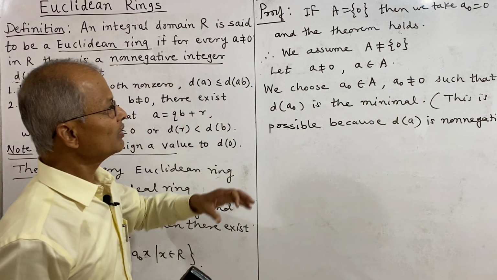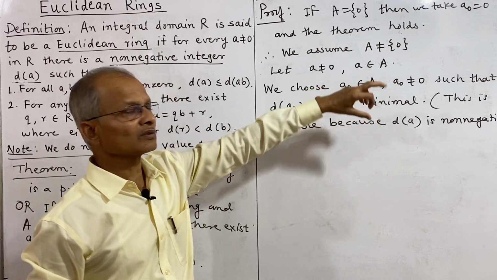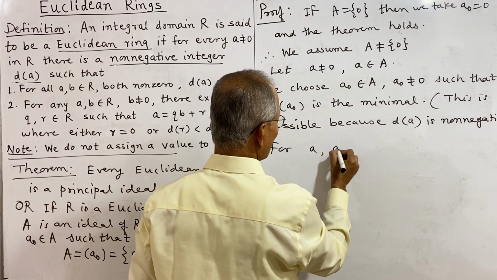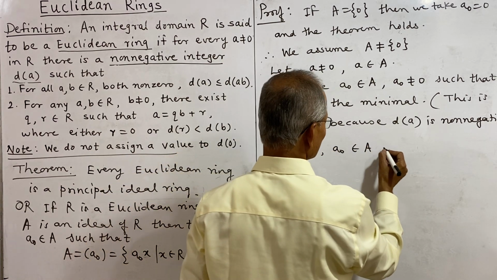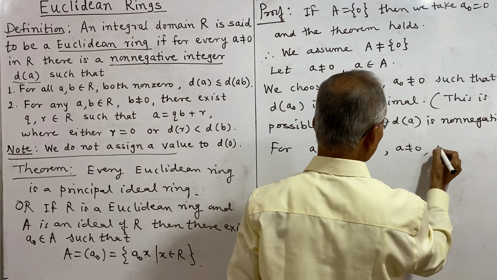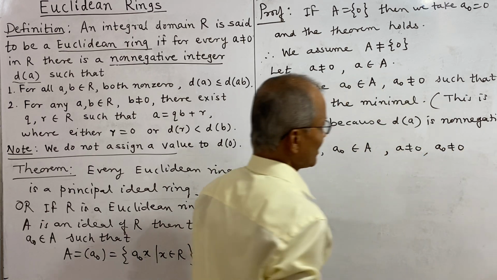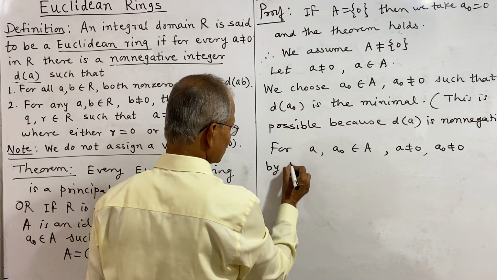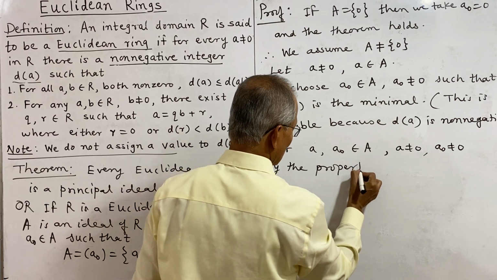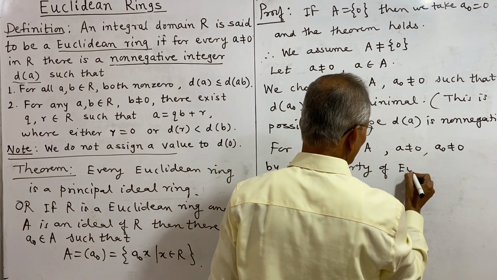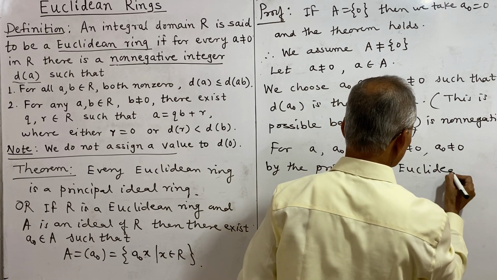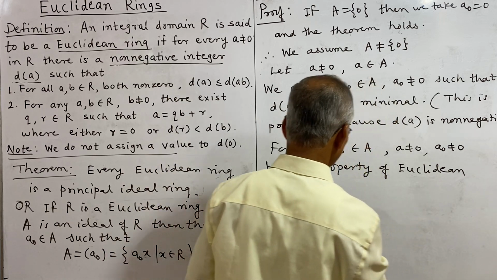Now we have two elements, a and a0, both not 0 in A. So for a and a0 belonging to A, both non-zero, a is not 0, a0 is not 0, there exists a q by the second property, by property of Euclidean ring.